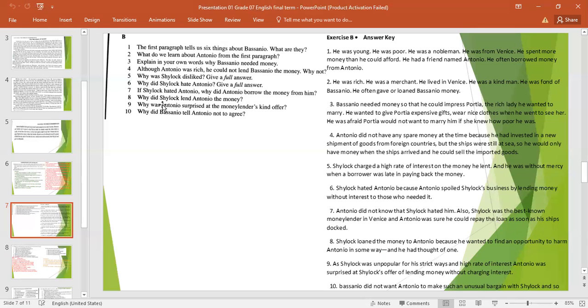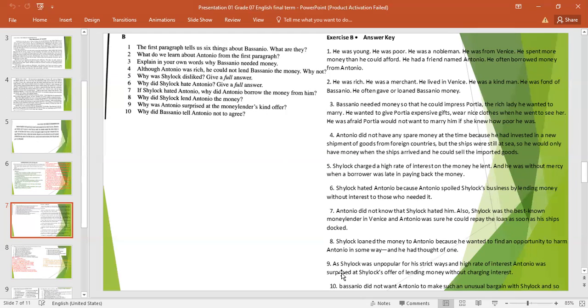Number eight, why did Shylock lend Antonio the money? Shylock loaned the money to Antonio because he wanted to find an opportunity to harm Antonio in some way, and he had thought of one. Number nine, why was Antonio surprised at the moneylender's kind offer?